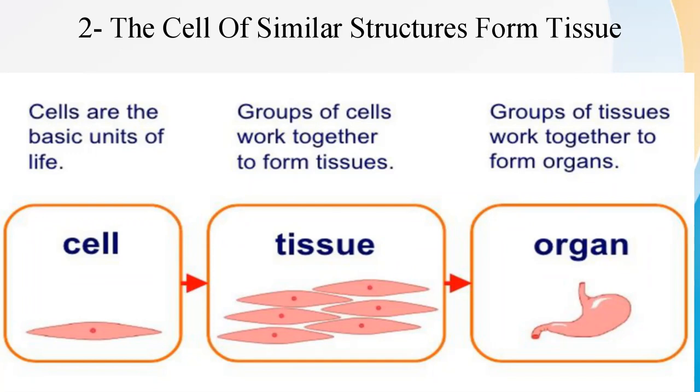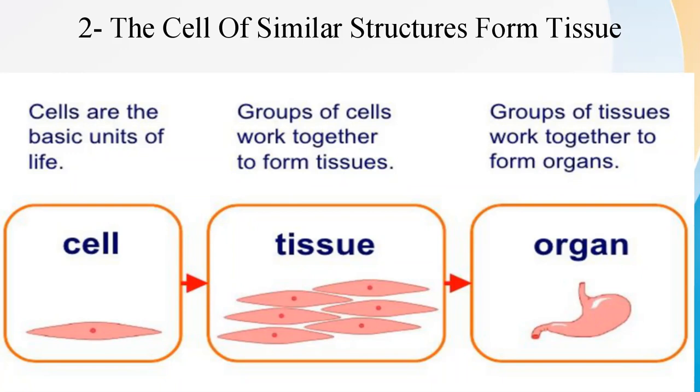Each and every cell must have a membrane. Number two, they must have a liquid which is called cytoplasm. They must have a nucleus. When these three things are present, it means that is a cell of living things.